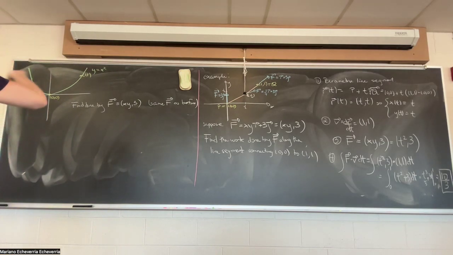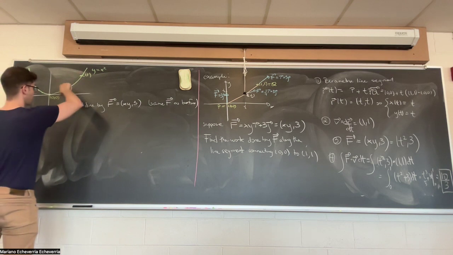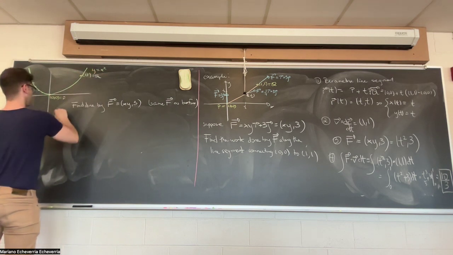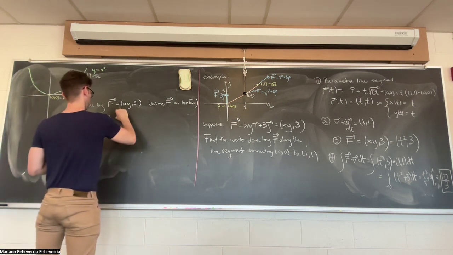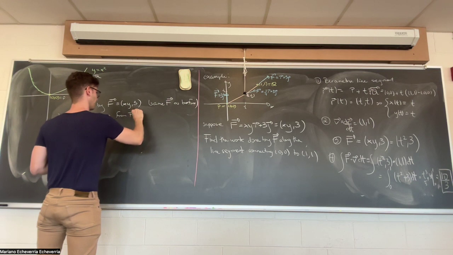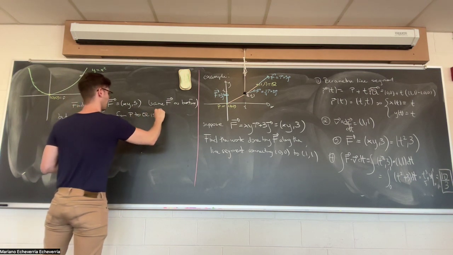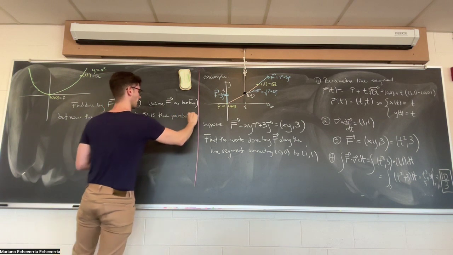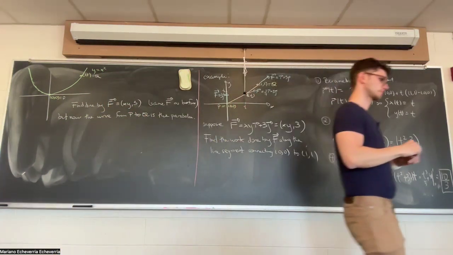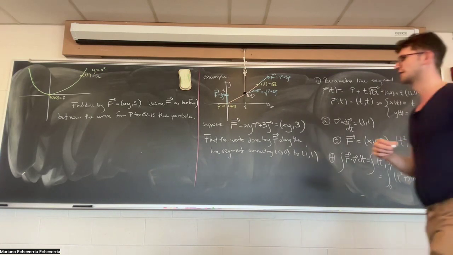But now the curve chosen, the curve from point P to Q, is the parabola y equals x squared.